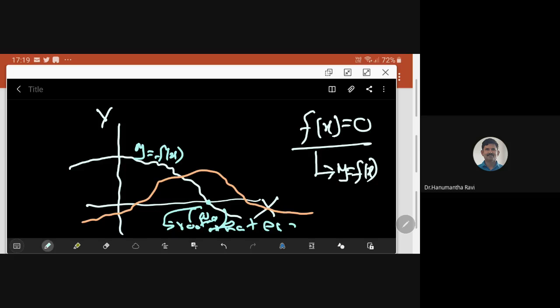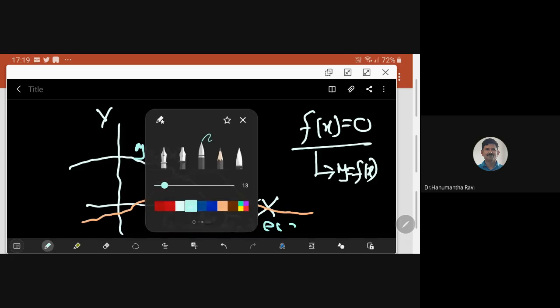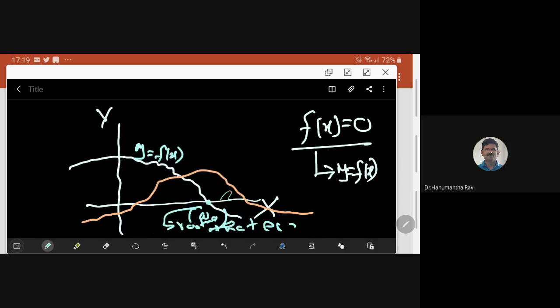And see what is happening here. One can easily see that if you look at this part, y is positive. Once it crosses from left to right of a, f of x becomes negative.